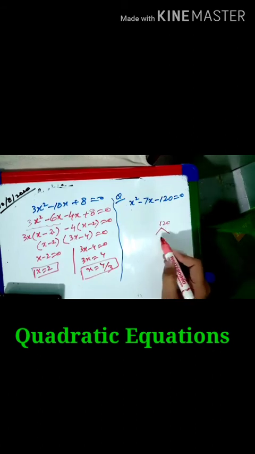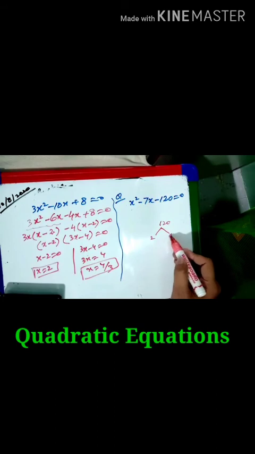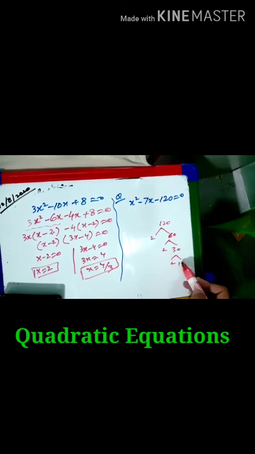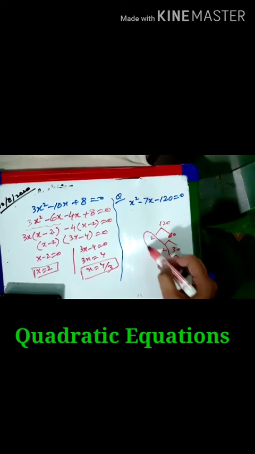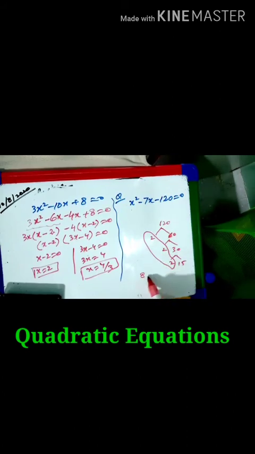Make a factor tree. 2 60s are 120, and then 2 30s are 60, and then 2 15s are 30, right? Now if I multiply these three numbers, 2 2s are 4, 2 4s are 8, and if I multiply it with 15, 8 multiplied by 15 is 120, right? And 15 minus 8 is 7. You got it?